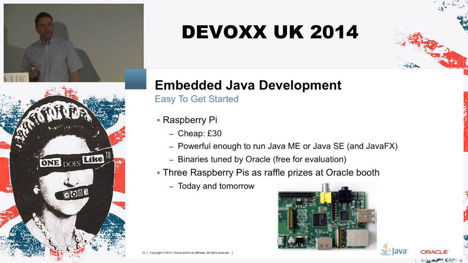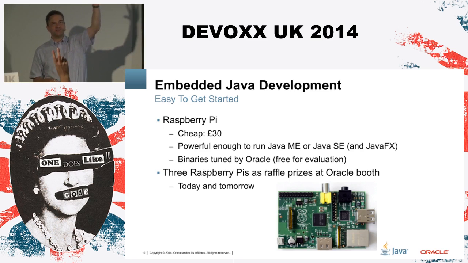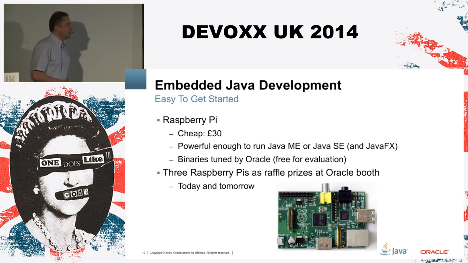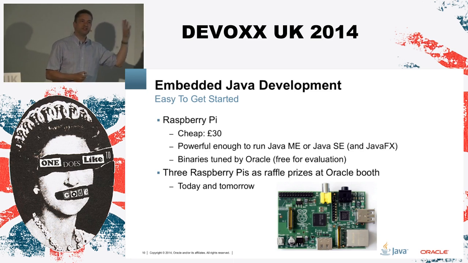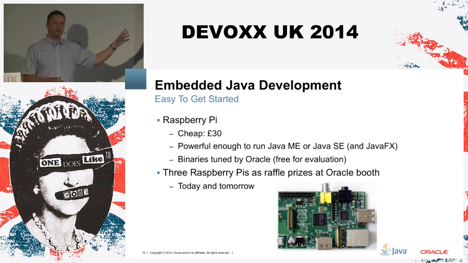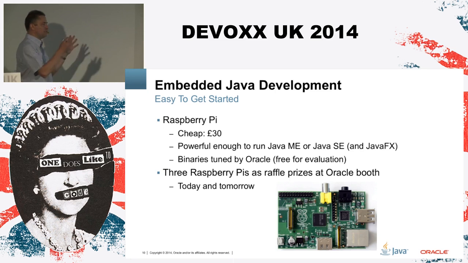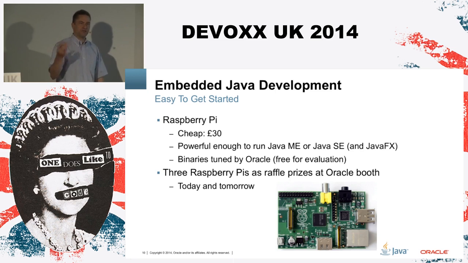Now, one of the other great things about embedded Java is how easy it is to get started. So who's heard of the Raspberry Pi? Yes, pretty much everybody, I would hope. The Raspberry Pi is a great development board because it's small and it's cheap. You know, £30 will buy you a Raspberry Pi. Okay, you've got to add a few other bits in terms of the SD card and the power supply and so on.